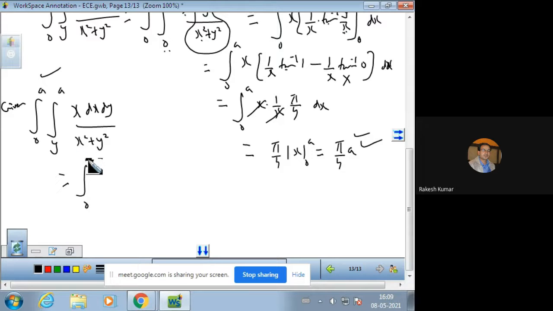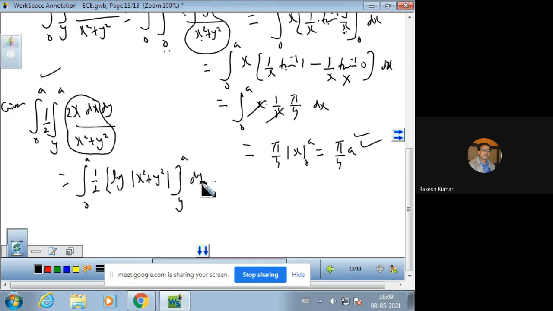In the original integral, you need to integrate with respect to x first. Multiply by 2 and by 1/2, so that you can apply the formula of integration, log of x square plus y square, and the limits are y to a, dy.